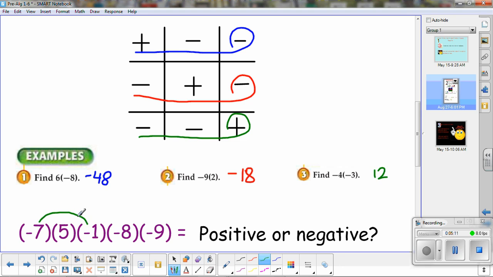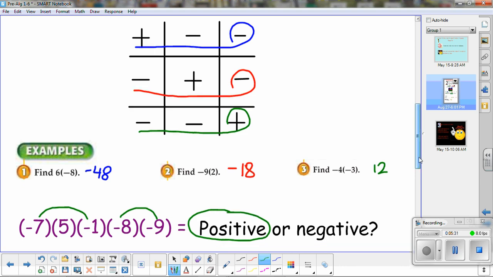And a negative times a negative is going to be positive. And this negative times this negative is also going to be positive, which means this whole problem, once you multiply all those numbers together, each pair of negatives will cancel each other out. And since there aren't any extra negatives left over, it's going to end up positive.